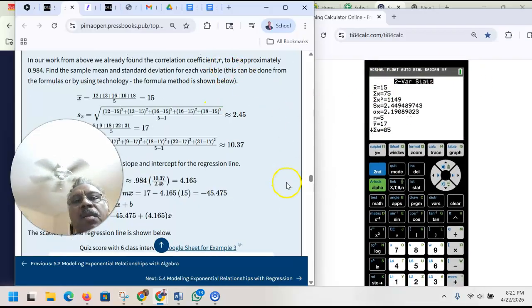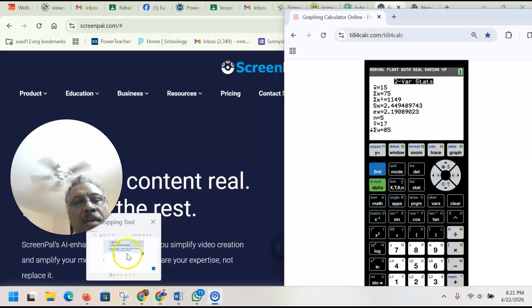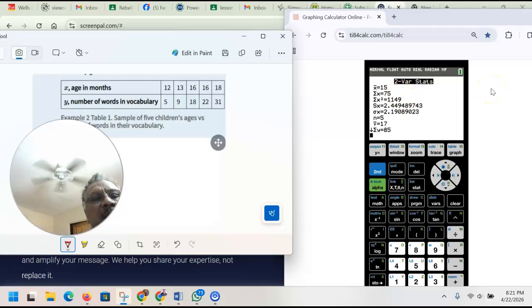All you do is go back to this one, right? So let me write this x bar. These numbers we know. This is important information I want to write. The standard deviation is 2.405.